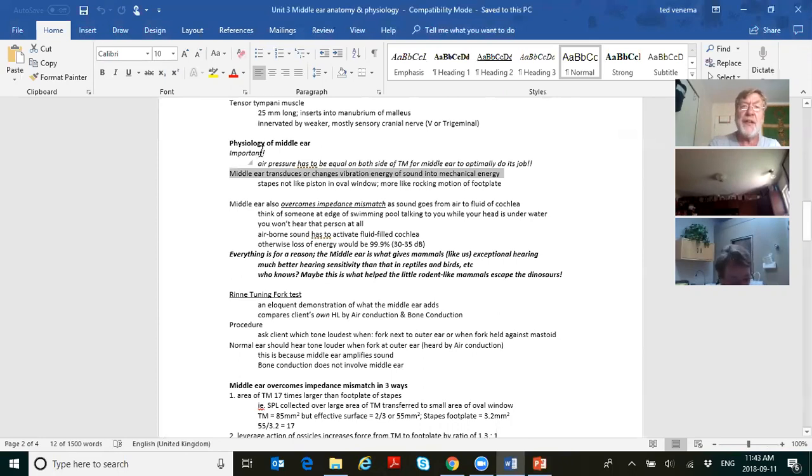And the inner ear transduces mechanical energy into hydraulic fluid energy. And then the hair cells inside the cochlea transduce hydraulic or fluid energy into electrical energy. And the electrical energy is sent up the 8th nerve to the brain.